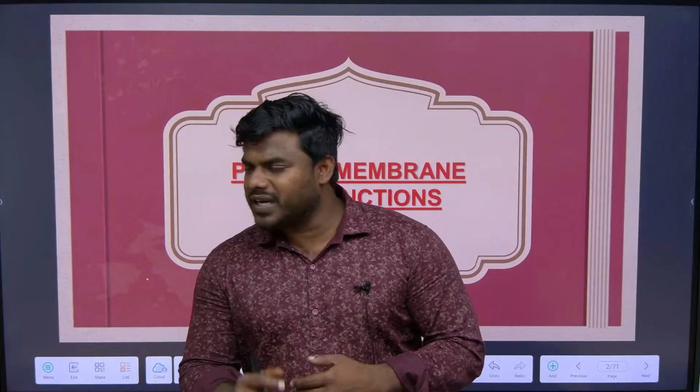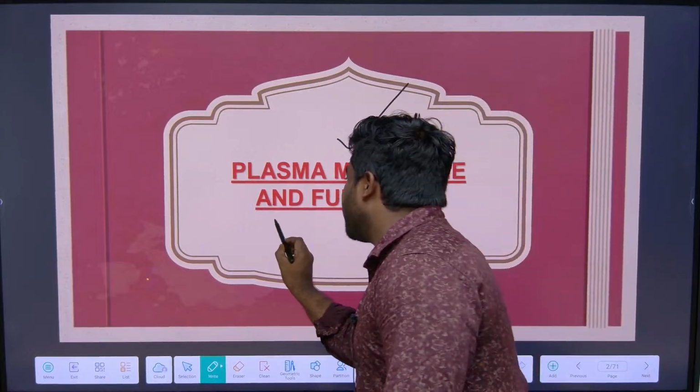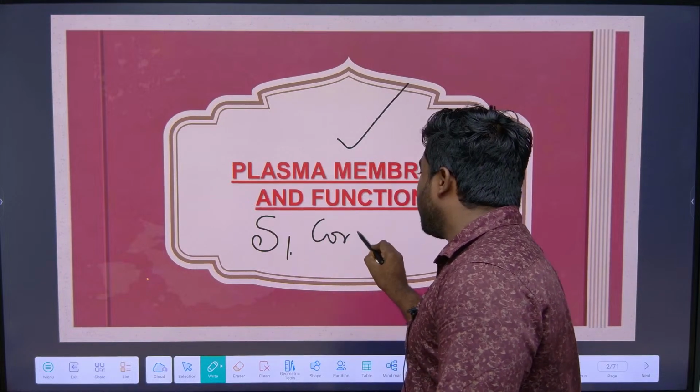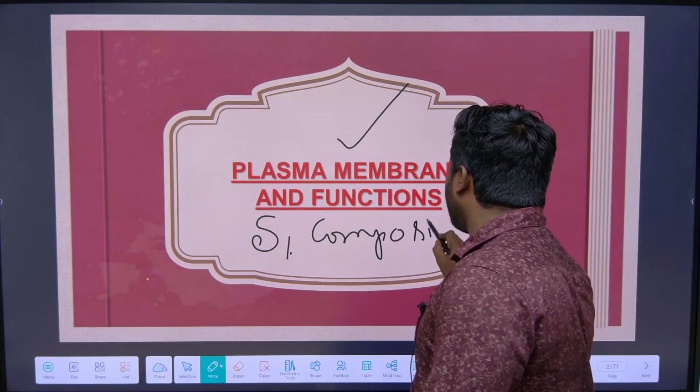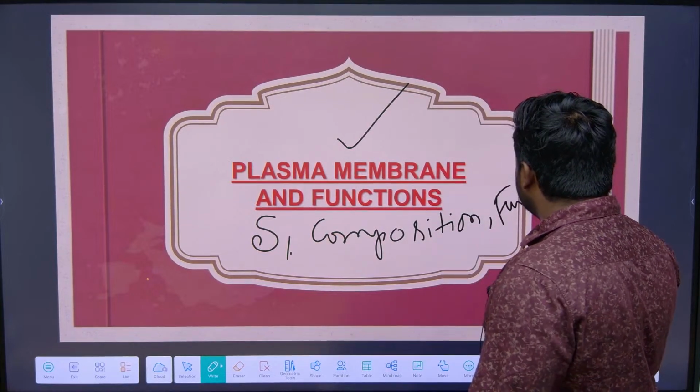All right. Now everyone listen to me for 30 minutes. After that I'll give time to ask your doubts. Let's start the plasma membrane. Whenever we start the plasma membrane, we have to focus on the structure. Most important, friends, we have to focus on the composition of the plasma membrane. The last part is functions.